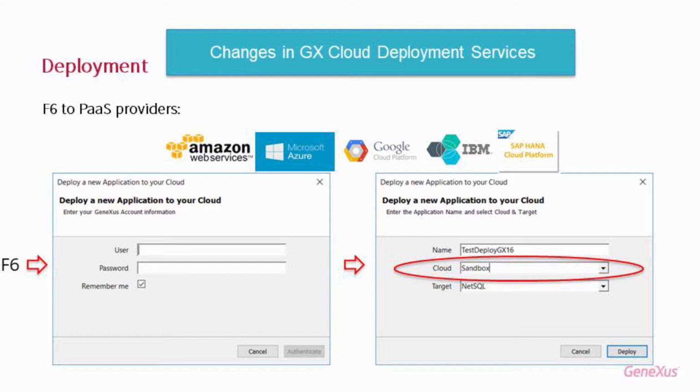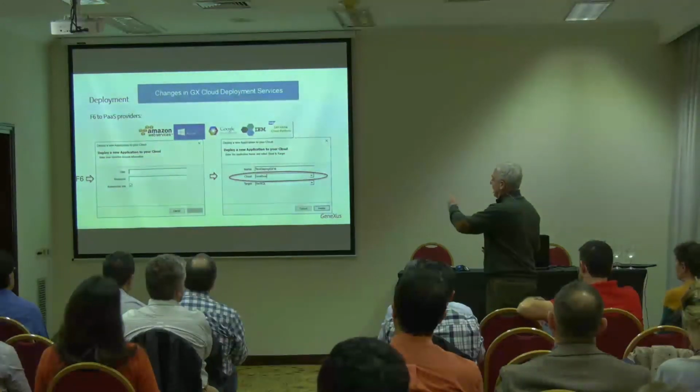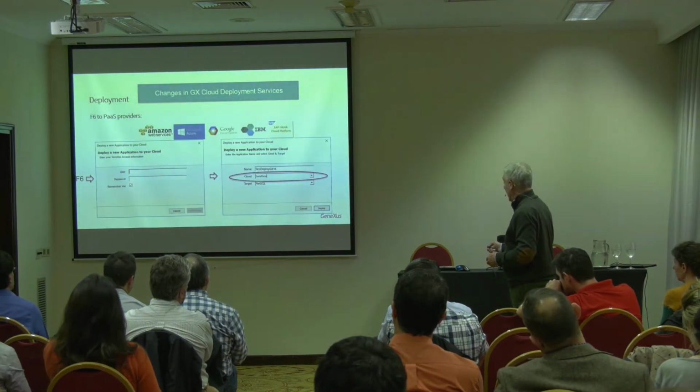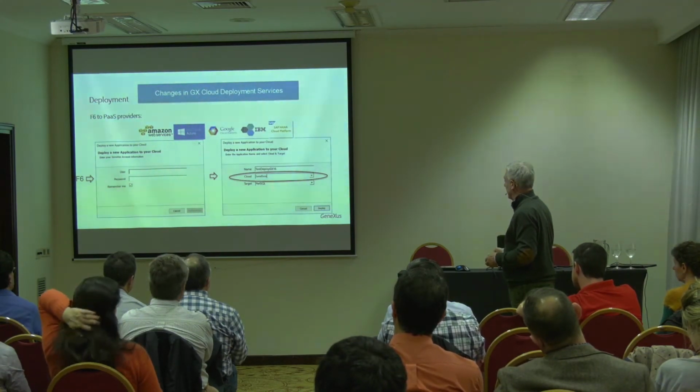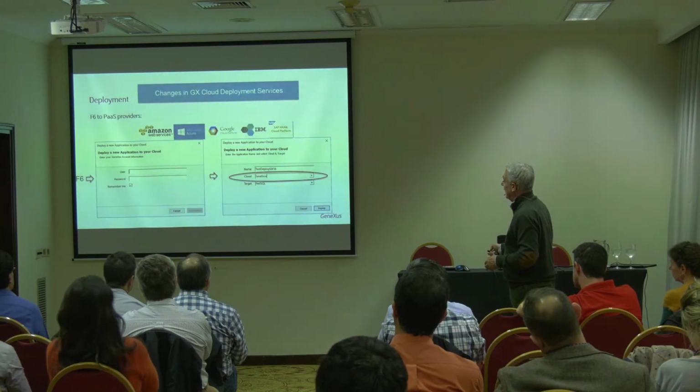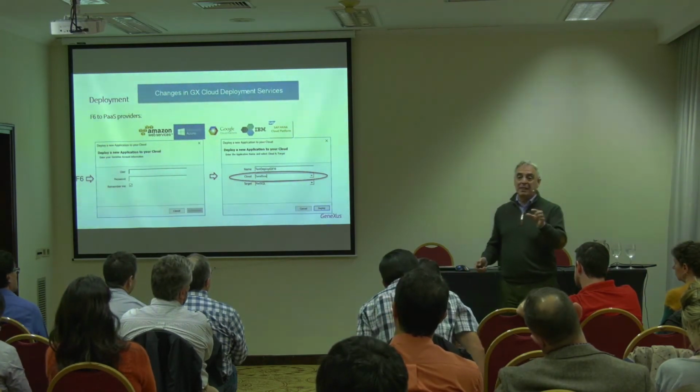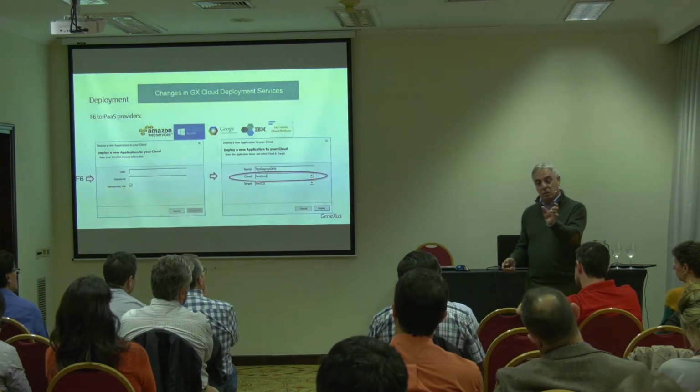So when we click on F6, the first thing you'll be asked is the ID of the GeneXus account that has the necessary permits to make the deployments to the cloud, to any of the platforms. And then in this dialog box, you're going to choose the target, the environment, and what is the service on the cloud that is ready.